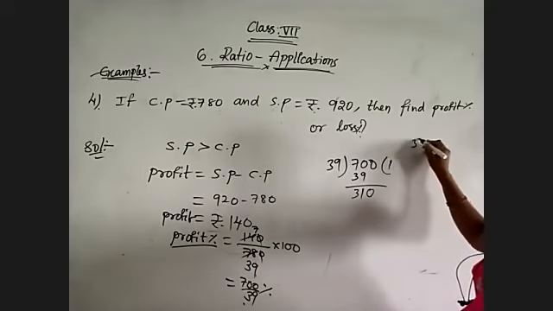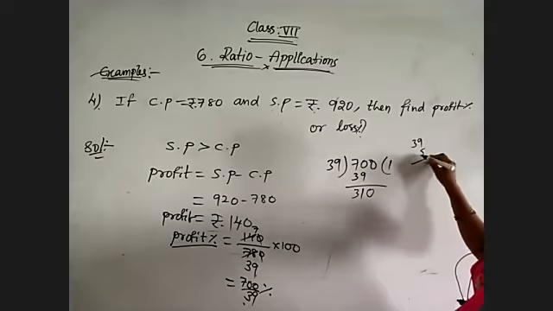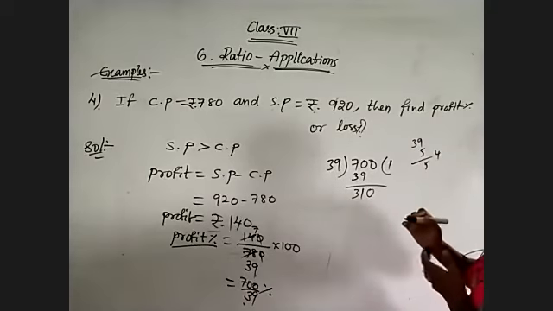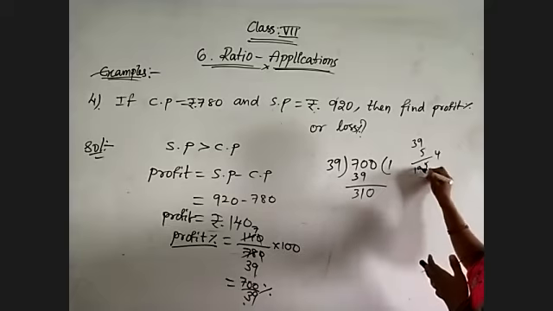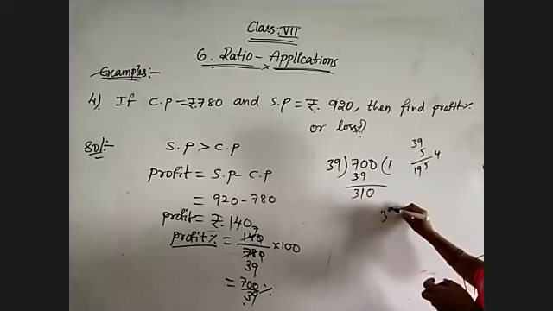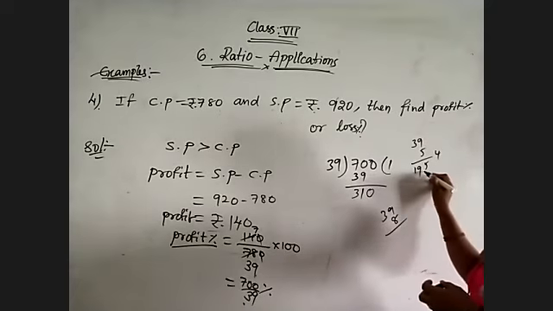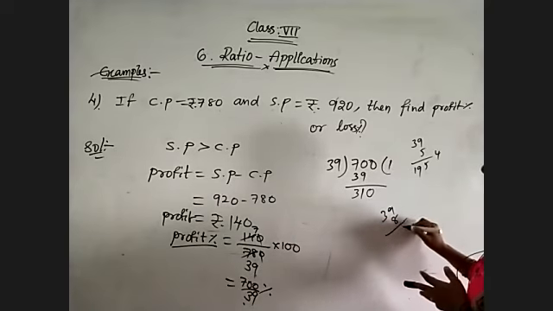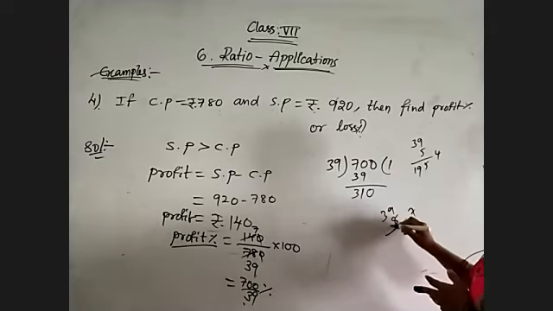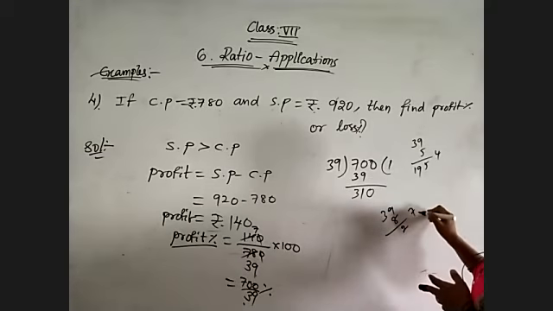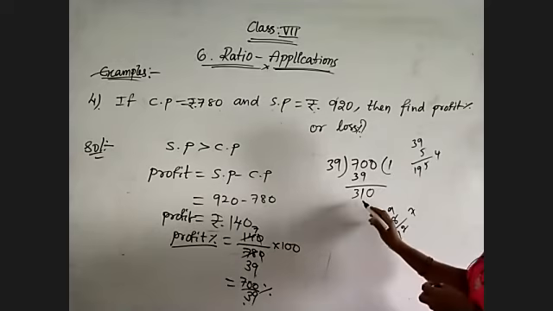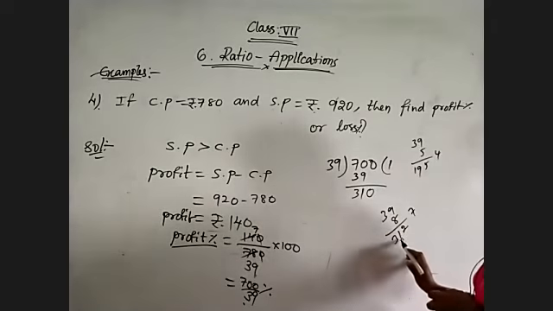So 39 5s we will check: 5 9s are 45, 5 3s are 15 plus 4 is 19. 39 8s we will check because it is smaller than 310, that's why I'm going through 8. 8 9s are 72, 8 3s are 24, 24 plus 7 is 31, which means it is more than 310. 312 we are getting.